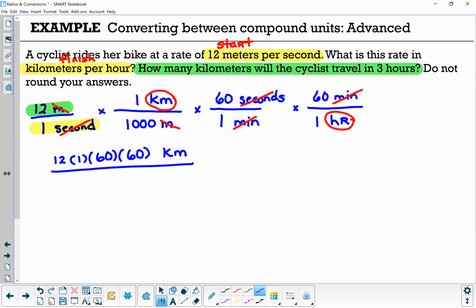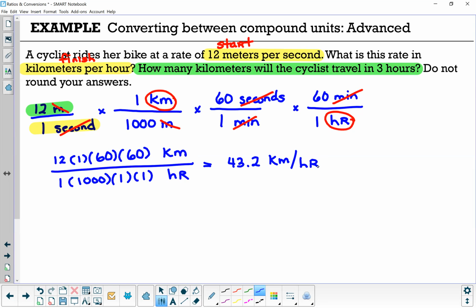In the denominator, we have 1 times the 1,000 times the 1 times the 1, and we have hours in our denominator. Okay, when you do that calculation, oops, sorry about that. When you do that calculation, you have 43.2 kilometers per hour.